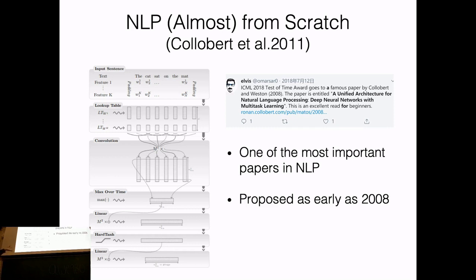And here is a general framework of this work. The input is at the top of the figure. You have the input sentence, and you should convert your sentence into a distributed representation. So you have a lookup table layer, similar to the embedding layer in the previous slides, and then follows a convolution layer.